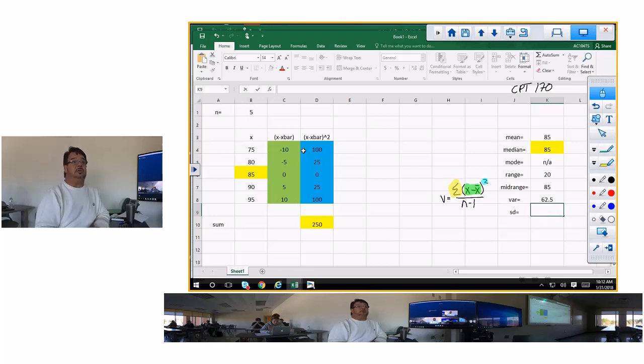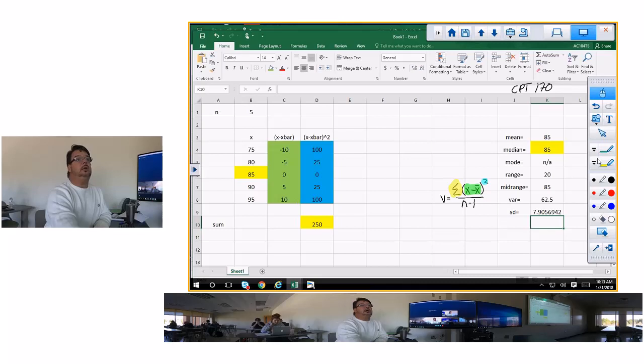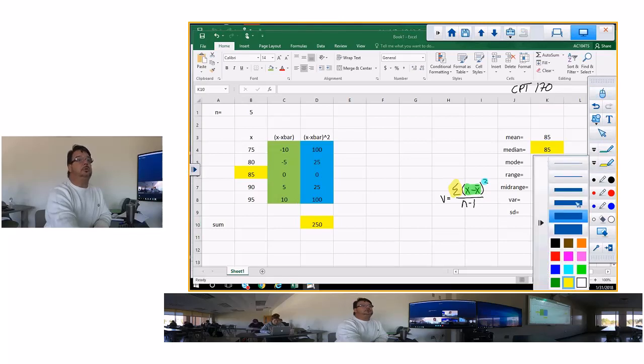And how do we get the standard deviation? We raise 62.5 to the 0.5 power or to the 1/2 power. So I take equals 62.5 and I raise it to the 0.5 power, and there is your standard deviation. And I'll take my highlighter. I'll use something different. That burnt orange, I guess I'll use it.